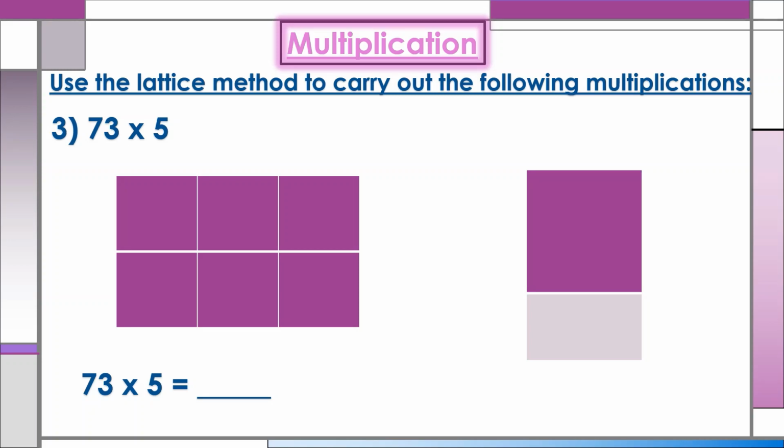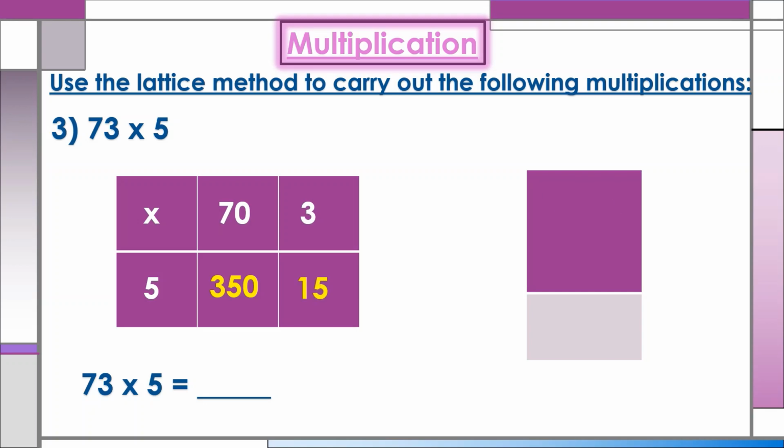73 multiplied by 5, we write the multiplication sign. Split 73, 70 plus 3, 5 table we will be using. So 70 5s are 350, 3 5s are 15.